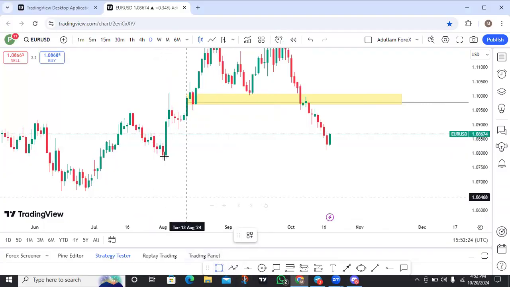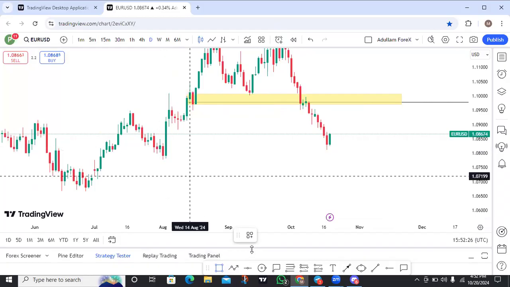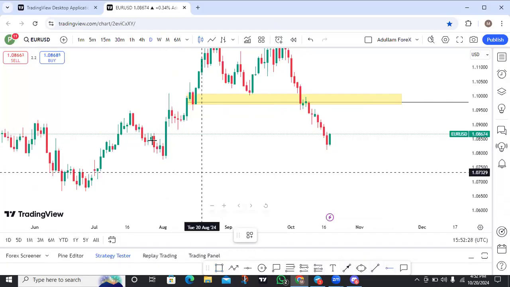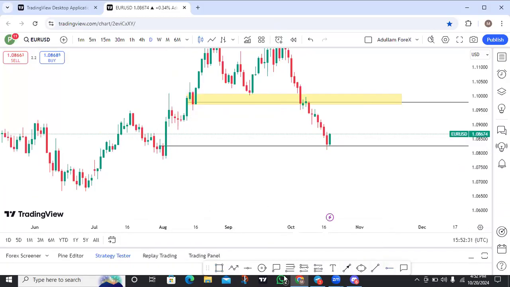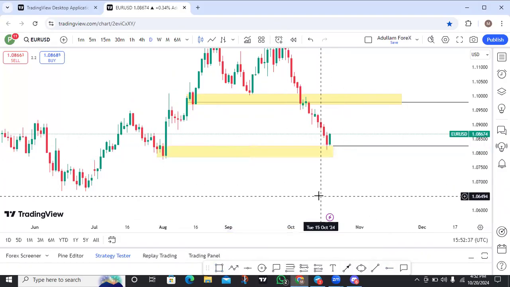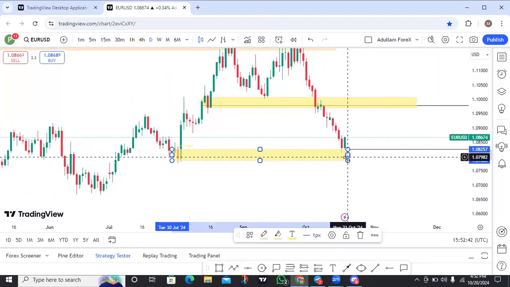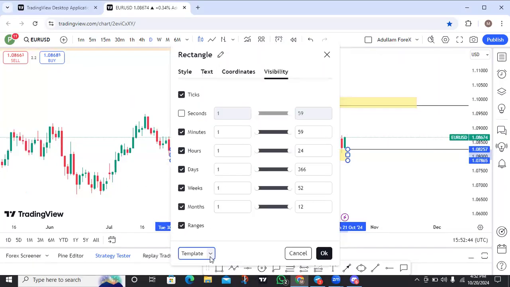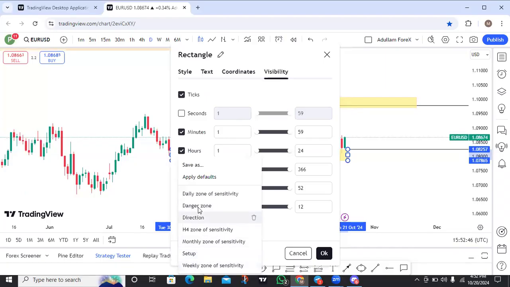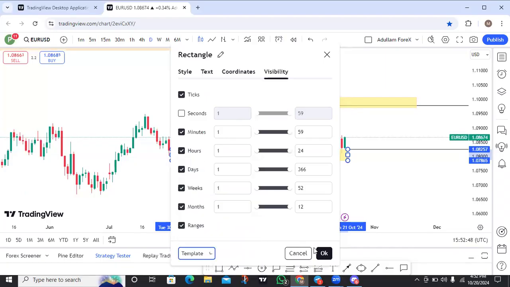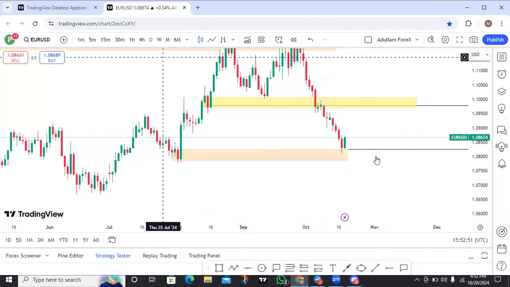So if you look at this level here where the market is buying, the market is actually rejecting from a past manipulation entry formula here. So I'm going to change this to a different one. Okay.